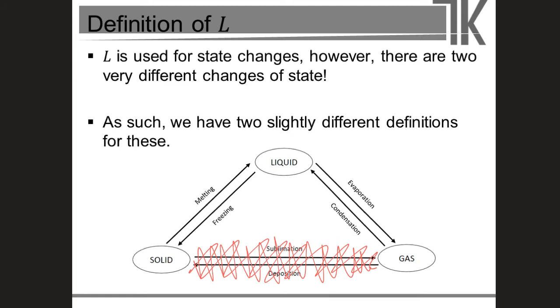And then if we were to go from a liquid back to the solid, we would get the same amount of energy out as it remade all of the bonds that we just broke. So we group melting and freezing together, and the two of these together we refer to as fusion. Similarly, we group evaporation and condensation together, and we call these vaporization, which I'm not going to be able to spell while I write.